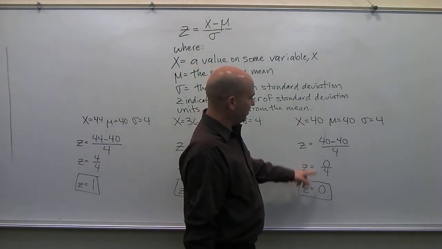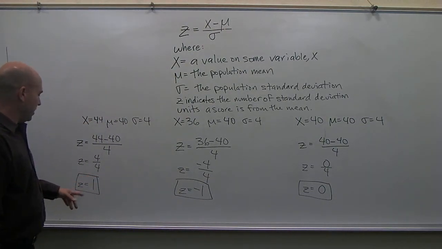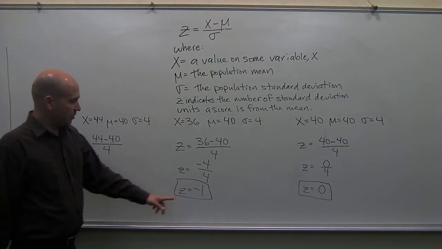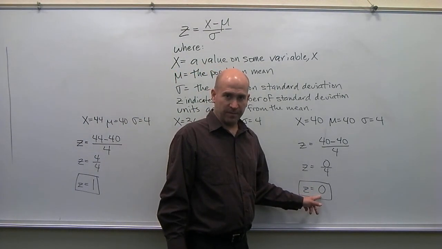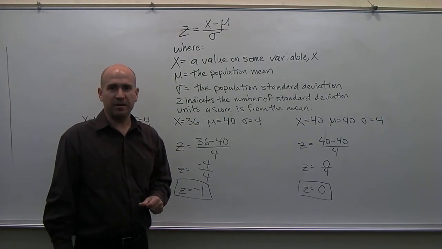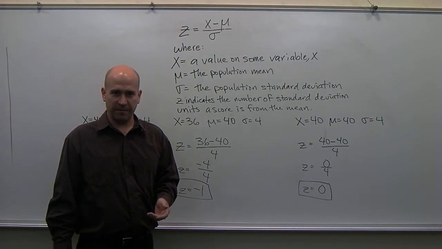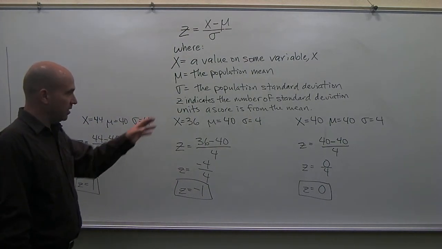And an x of 40, we got a z of 0. So you can see from this example that we can have positive z-scores, negative z-scores, and a z-score of 0 as well. Now I said earlier that a z-score indicates the number of standard deviation units a score is away from the mean. So let's take a look at that with these examples and see if we can illustrate this concept.